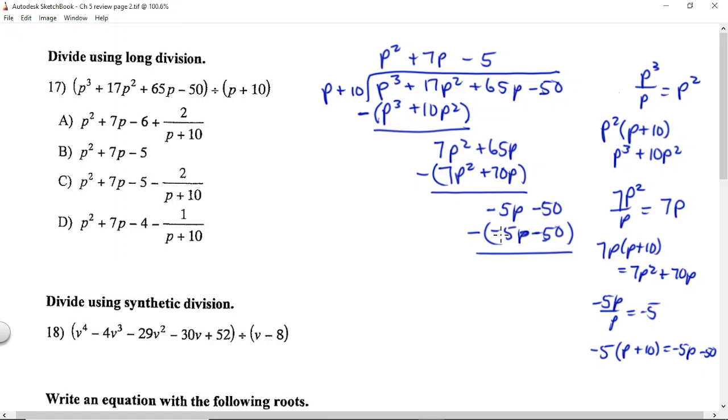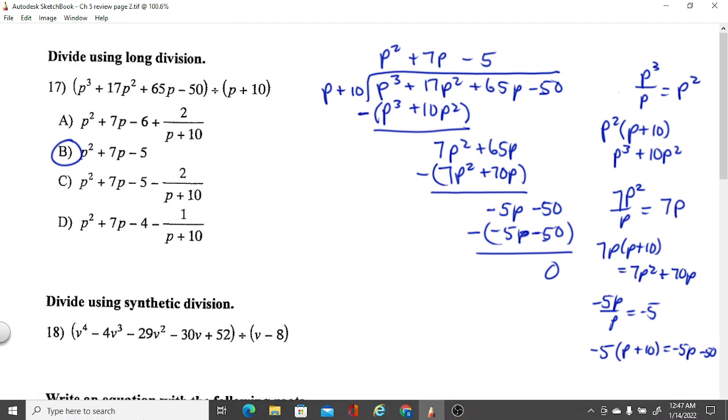Well, minus and negative is plus, so negative 5P plus 5P, which is 0, like we knew it would be. Negative 50 minus negative 50. Well, it's minus and negative, so it's negative 50 plus 50. Again, 0. So this is 0, and there is no remainder. And so that is our answer, and hopefully we do have that on the left, and we do. So that's it.